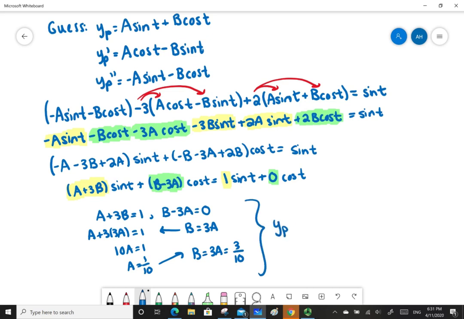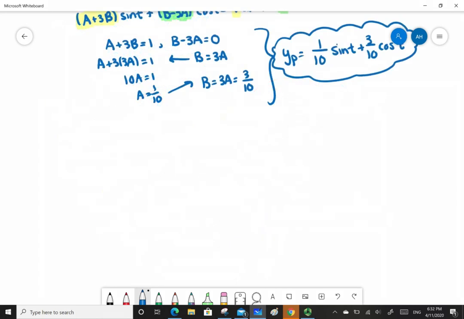So yp is 1/10 sine of t plus 3/10 cosine of t. Our general solution is then y equals 1/10 sine t plus 3/10 cosine t plus our complementary solution c1 e to the 2t plus c2 e to the t.